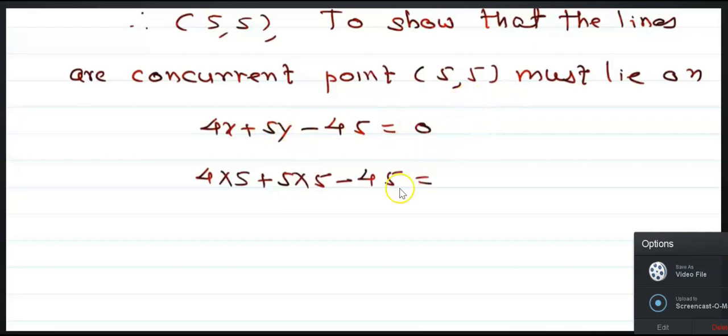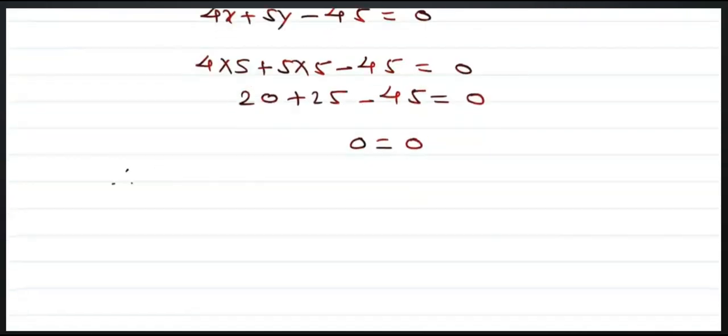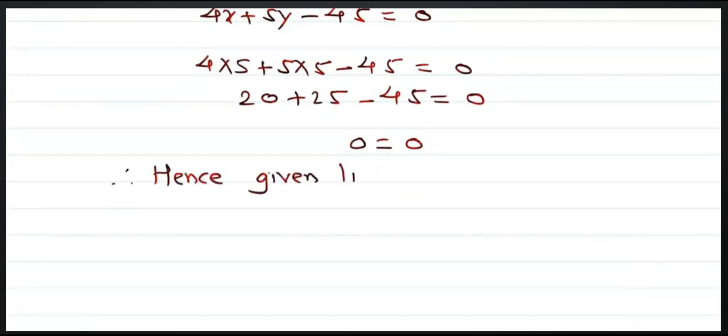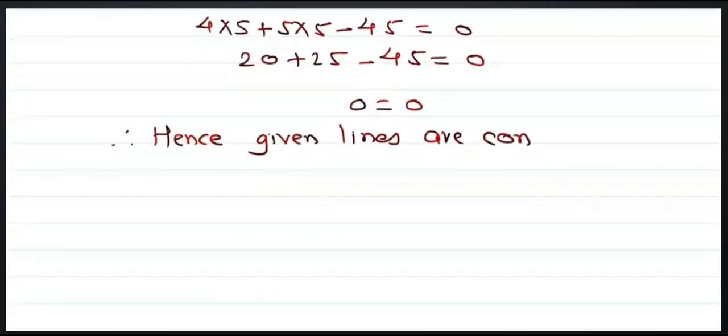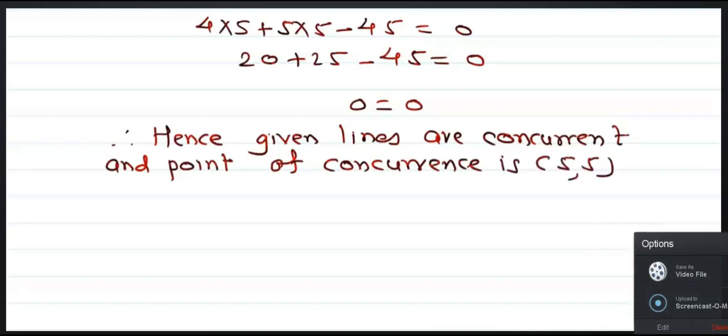Substitute x is equal to 5 and y is equal to 5. Yes, it is satisfied. Therefore, the given lines are concurrent and their point of concurrence is 5, 5.